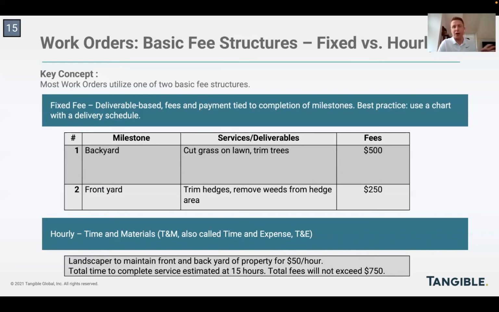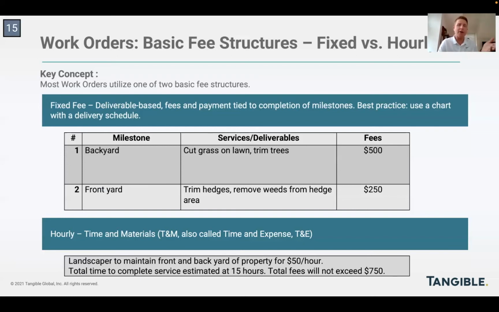If you were to contract for landscaping services using a fixed fee model, you could structure that transaction as you see in the first chart on this slide. You establish milestones and then define what services and deliverables are covered within those milestones, and then there's a price or a segment of the fees for each milestone.